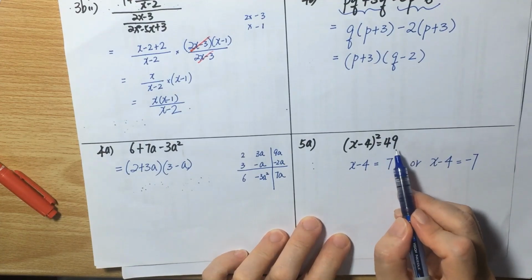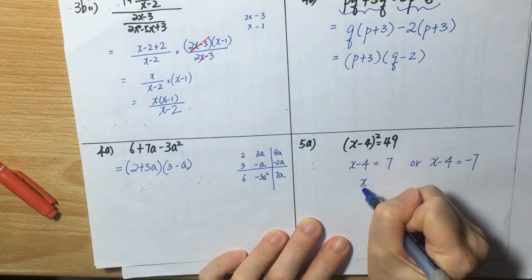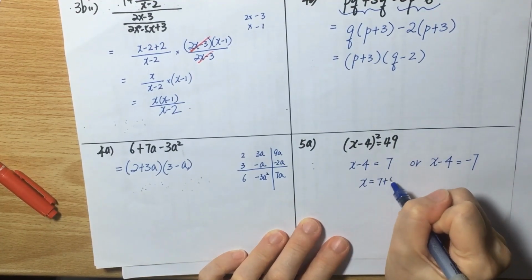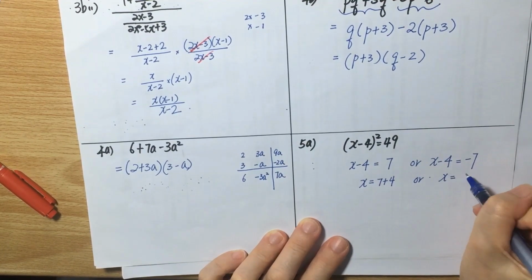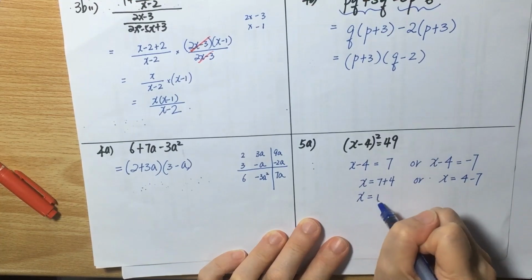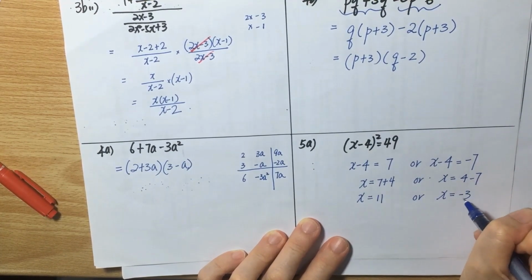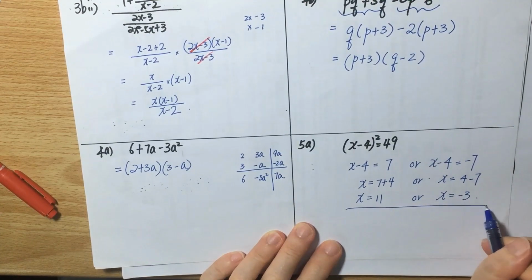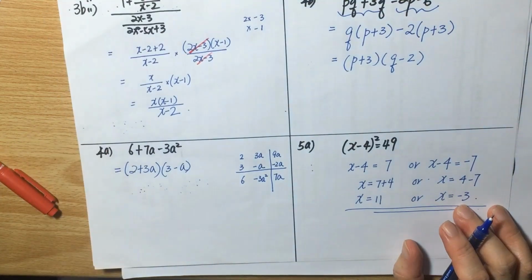So the square root of 49 is 7 or negative 7. So x will equal 7 plus 4, or x equals 4 minus 7. So x is either 11 or x is equal to negative 3. So these are the answers. That is for question 5a.